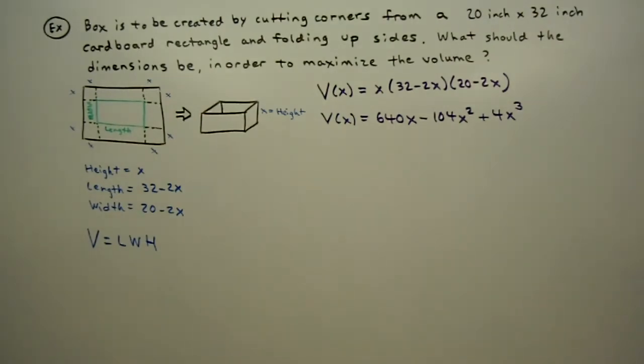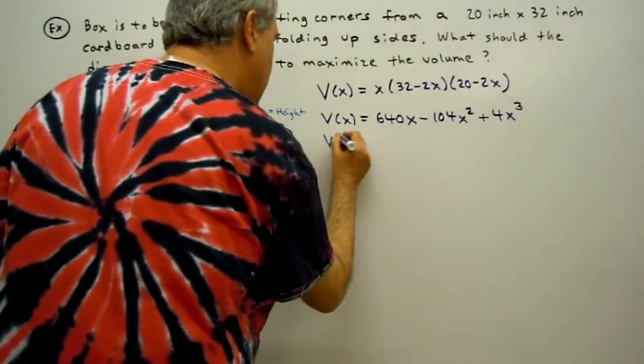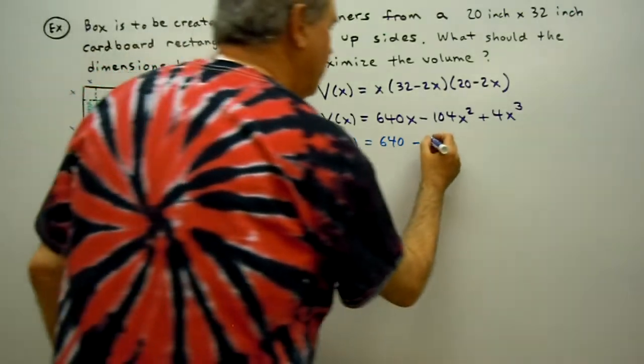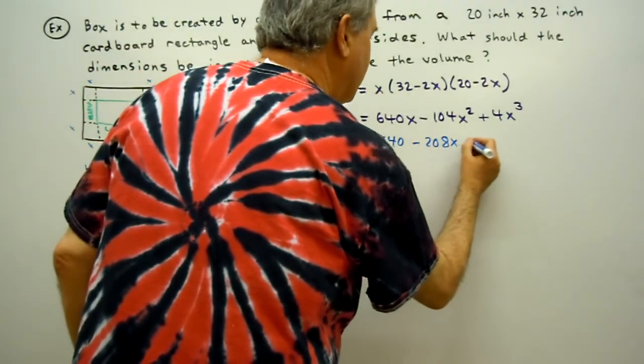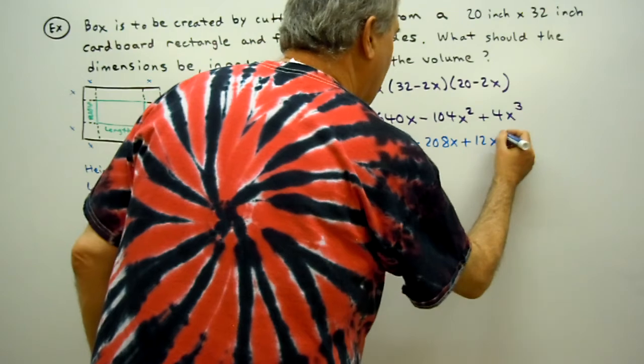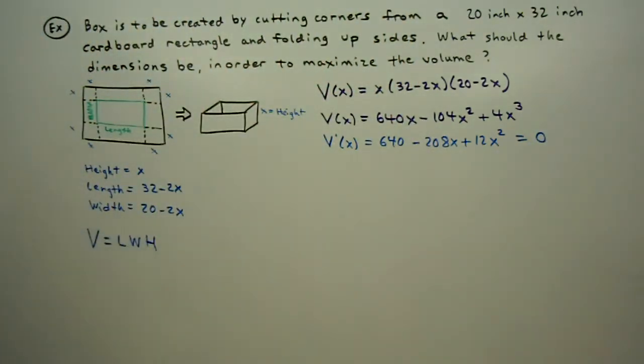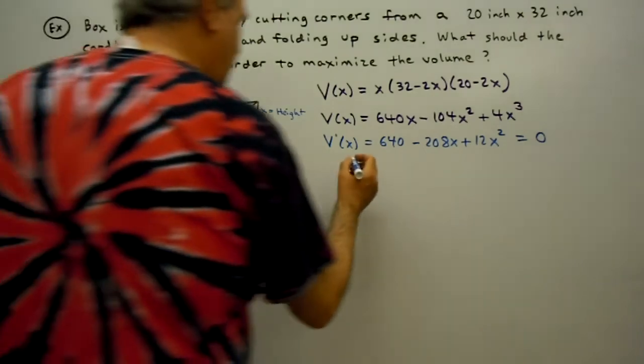So in order to maximize the volume, of course, we're going to take the derivative. The derivative would be 640 minus 208x plus 12x squared. And in order to maximize, we're going to set that equal to 0. Since we're setting it equal to 0, we could simplify by dividing the entire derivative by a common factor of 4, just to make things a little bit easier.